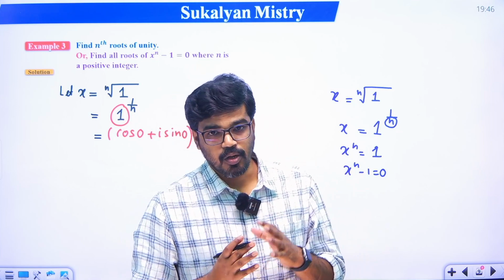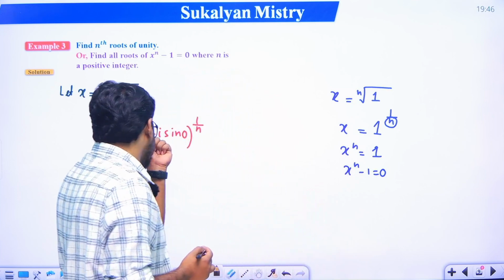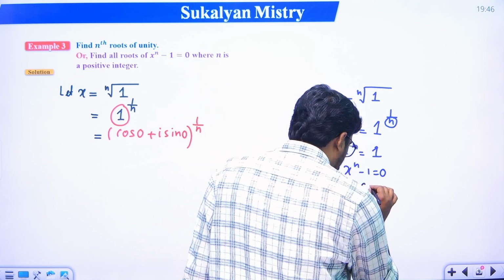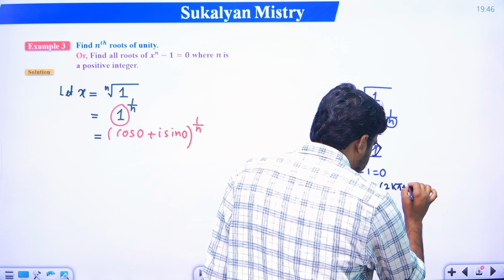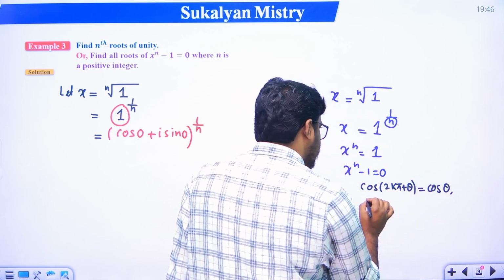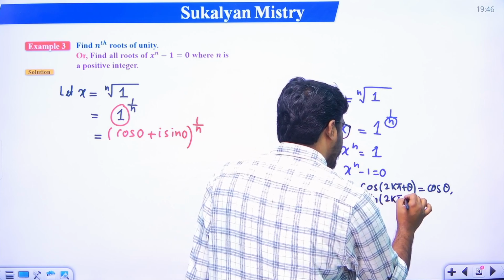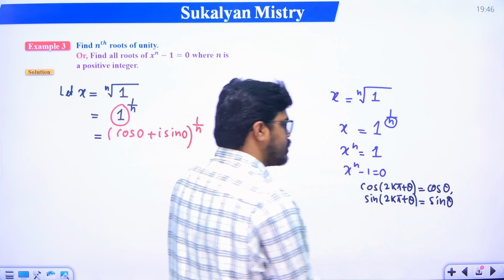Next step, we add 2k pi to the argument theta. Cos of 2k pi plus theta is simply cos theta, where k is any integer, and sin of 2k pi plus theta is sin theta.